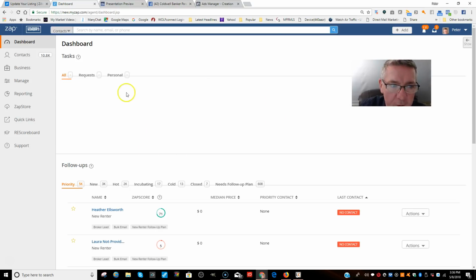In other words, if you've got loads of tasks in here, it means that you've missed doing those tasks. So make sure that your tasks are always done. Your follow-ups are important, but if you've got tasks, that's somebody asking you for information about a property or a showing request or contacting an agent directly. Make sure that you do that, because the work I'm going to show you now, this is where it's going to show up.